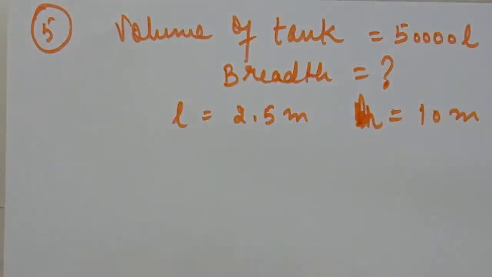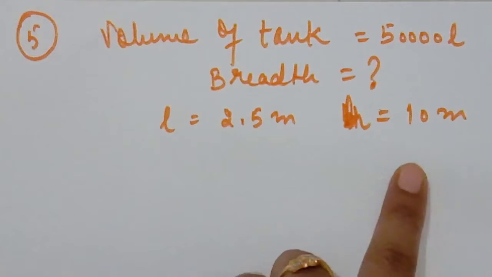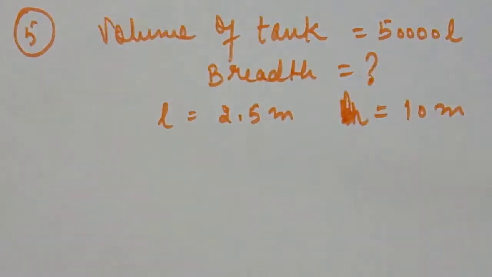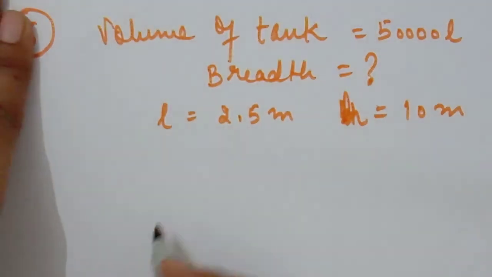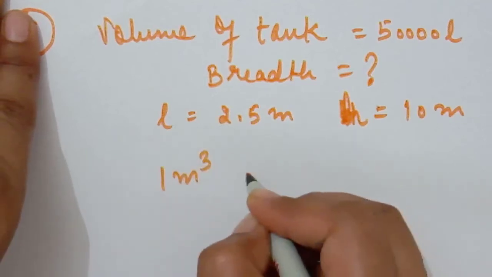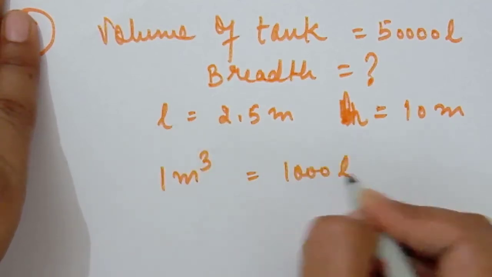Now the question is, these two measurements are given in meters, but the volume is given in liters. So we have to change this volume into meter cube. We know very well that the relation is 1 meter cube is equal to 1000 liters.